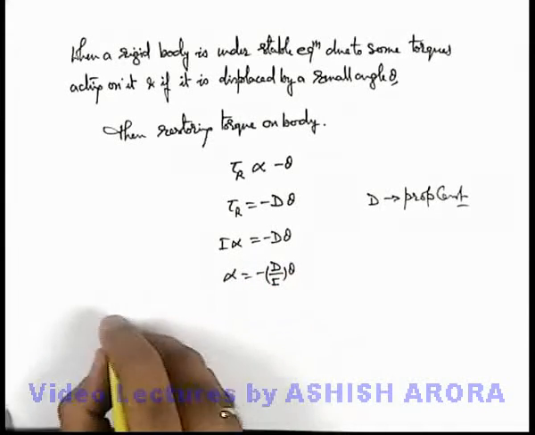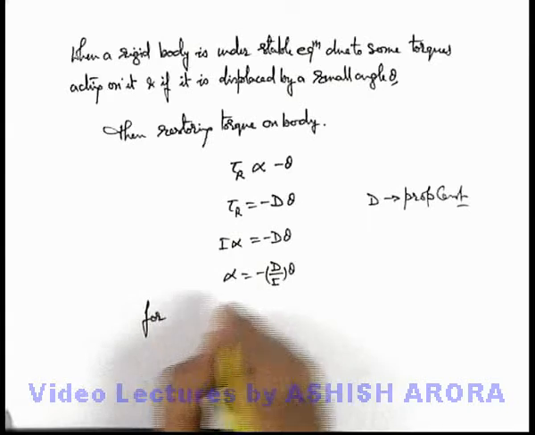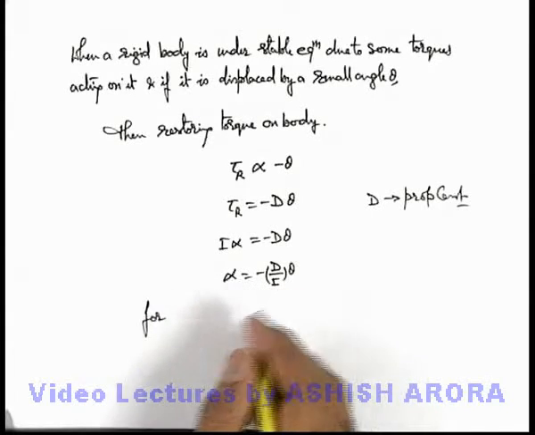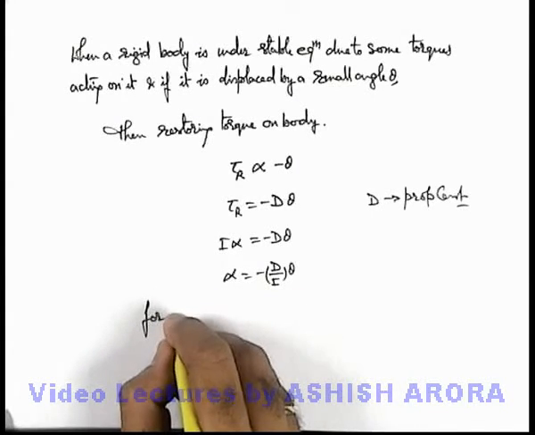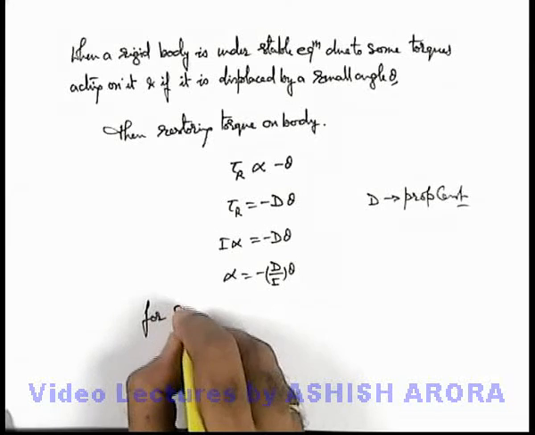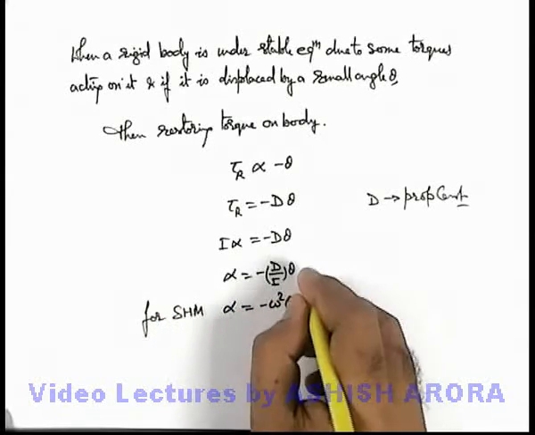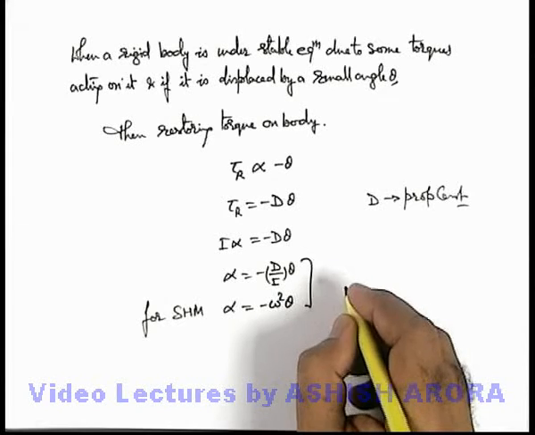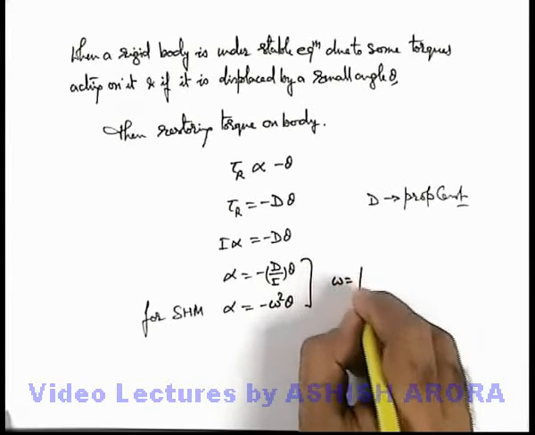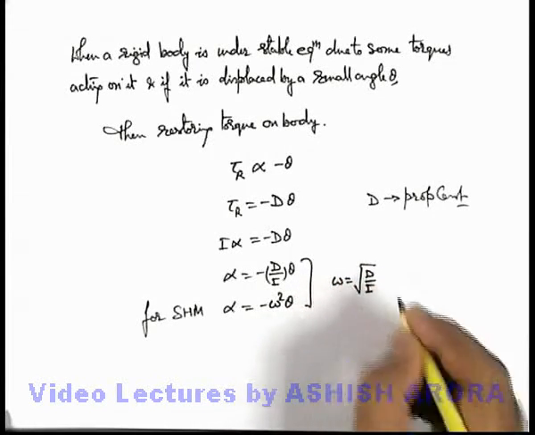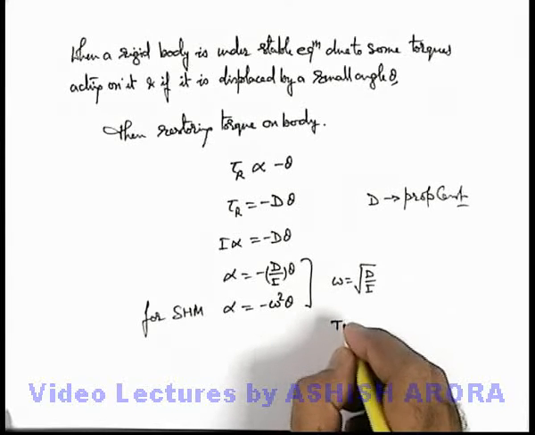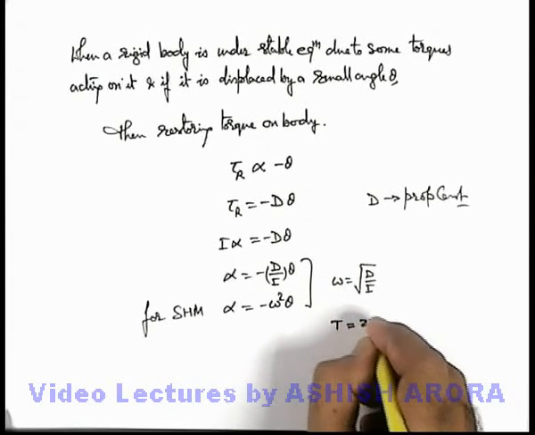Now we can compare it with the angular SHM equation for angular oscillation, in which we can write for SHM alpha can be written as minus omega square theta. On comparing the two, we'll get omega is equals to root of D by I. So time period of oscillation for the rigid body can be written as 2 pi by omega.